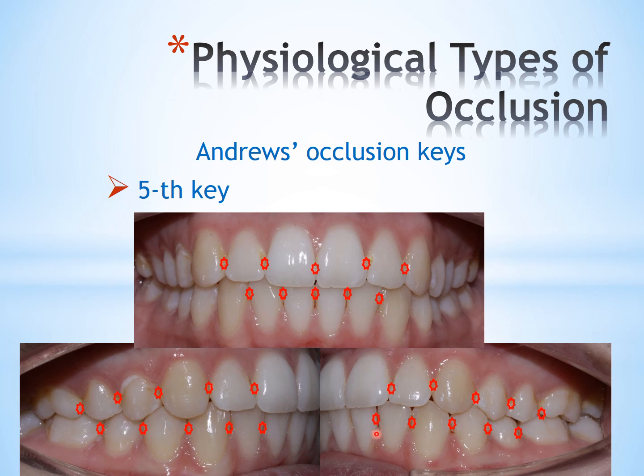The fifth key of occlusion by Andrews is tight approximal contacts between teeth in the dental arch, without spaces, without tremors and diastemas.